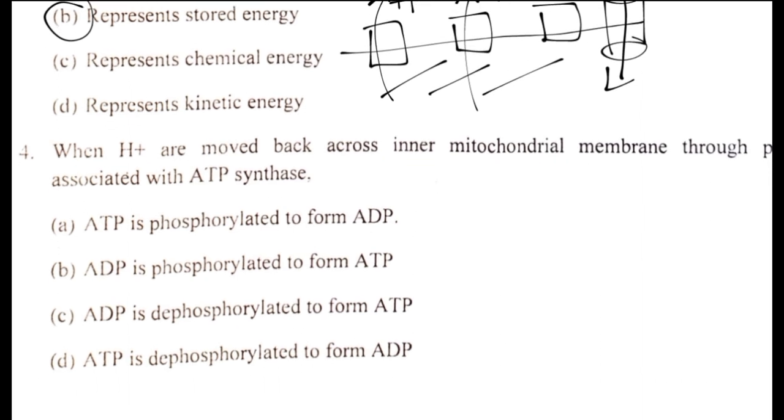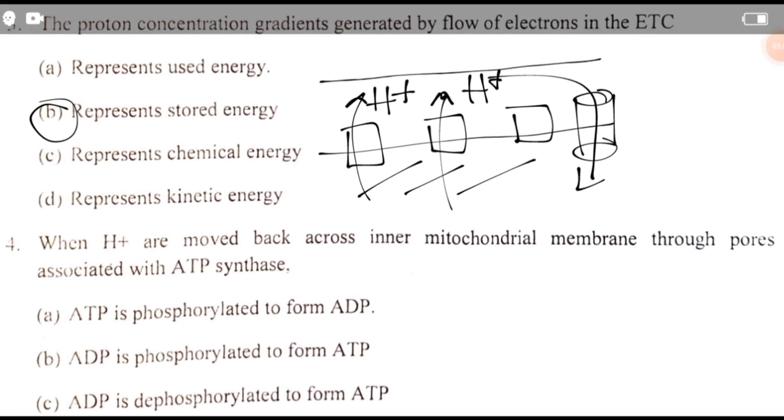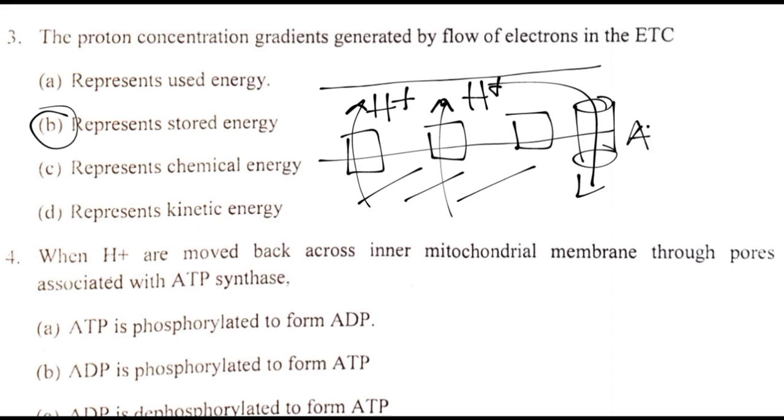Question 4. When hydrogen ions or protons are moved back across the inner mitochondrial membrane through pores associated with ATP synthase, what happens? Imagine this is our ATP synthase.